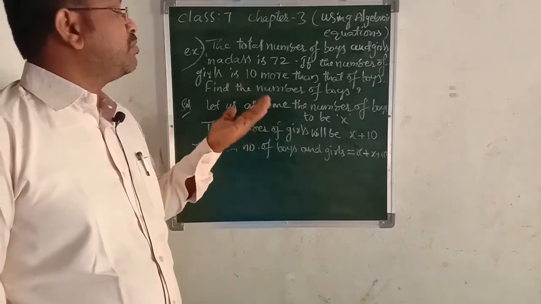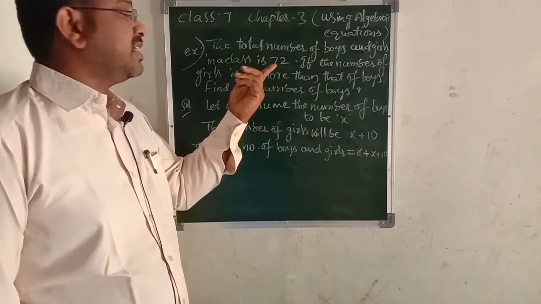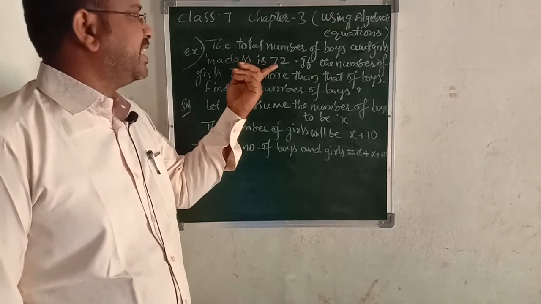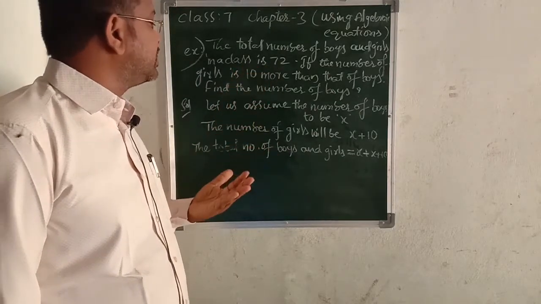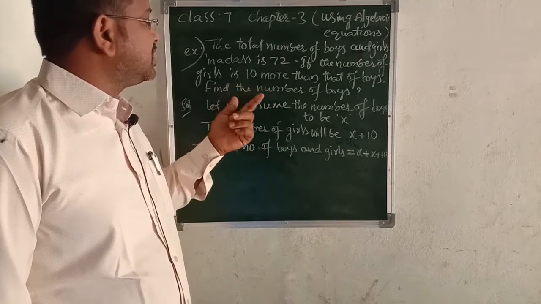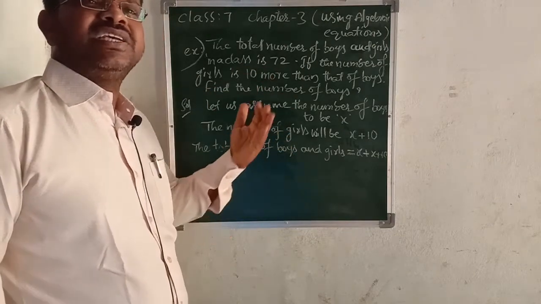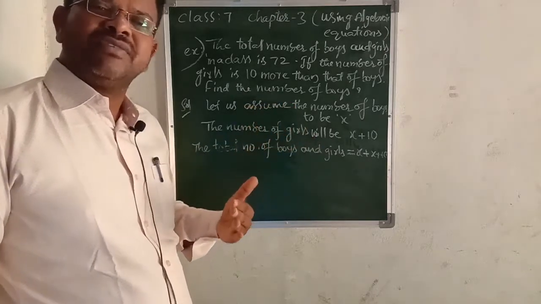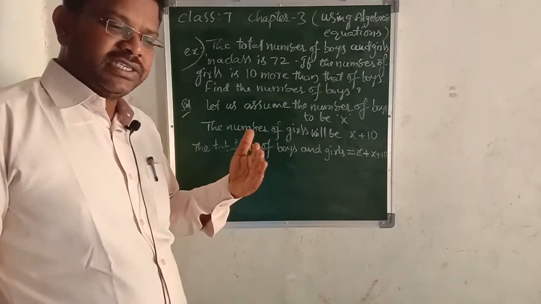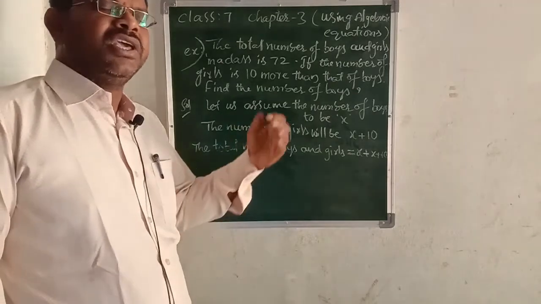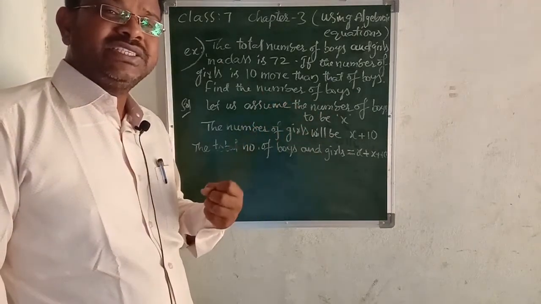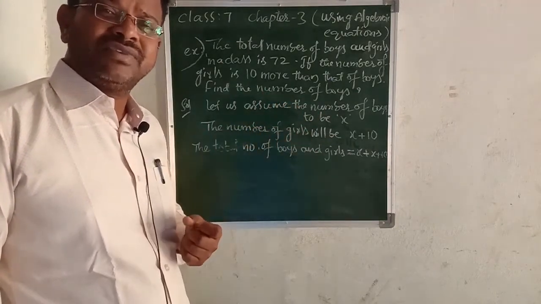So here the total number of boys and girls together is 72. That is clear. But what is the number of girls? The number of girls is 10 more than that of boys. When we know the number of boys, it is very easy to find out the number of girls.